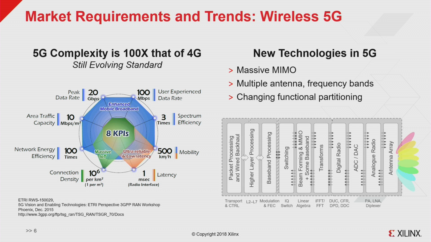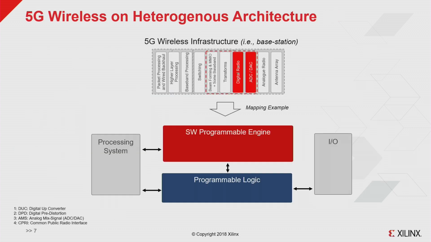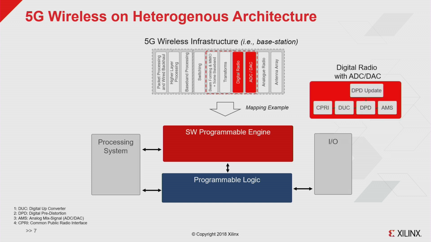What you can see in this slide is a traditional pipeline of what would be implemented in a wireless base station, in the wireless infrastructure. That's what this chip is designed for. So if we want to implement this, we just take as one example the digital radio with integrated DACs and ADCs.